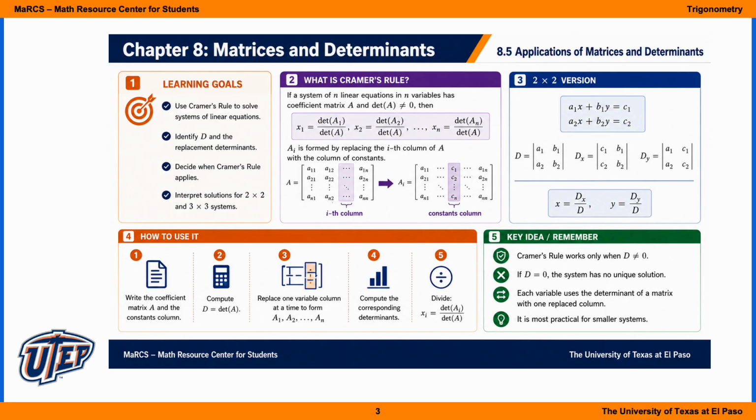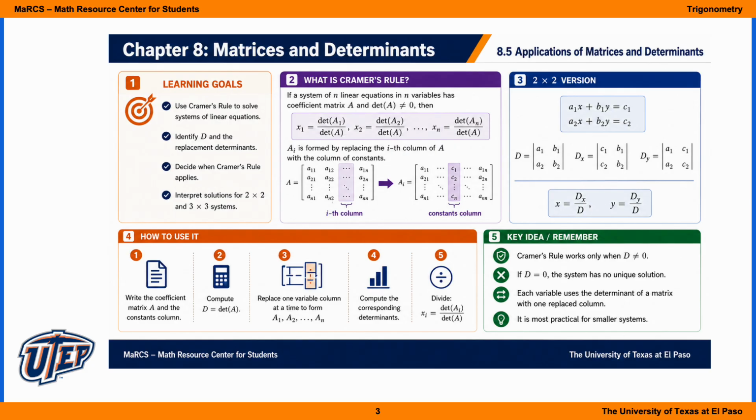Now for our Dx matrix, this one will be used to solve for our x variable. So we will delete the coefficients from the x column and replace them with our constants c1 and c2. So instead of a1, a2, we have c1, c2, and our y column will remain the same, b1, b2. So that is our Dx.